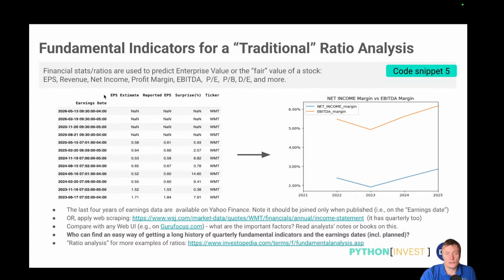The thing is that it's not easy to scrape it from the website, and if you use the Yahoo Finance library, you might have stats only for the last 4 years or even less. But for us, it's very important because of the fields: the EPS estimate, reported, and surprise. That's the expectation. Was the expectation beaten or not? And for the dates in the future.